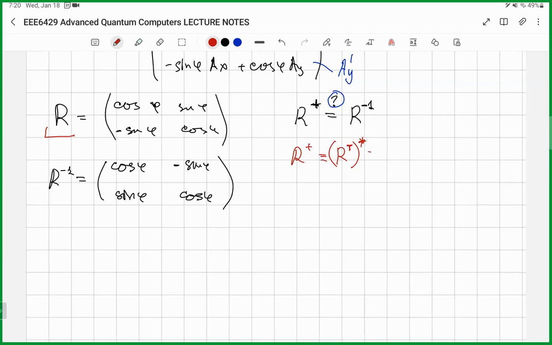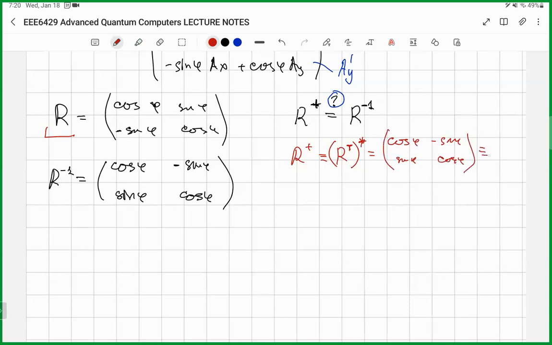The complex conjugation doesn't change anything, and the transposition of the matrix simply rotates this matrix around the main diagonal, which gives you the following: cosine phi, minus sine phi, sine phi, cosine phi, right?